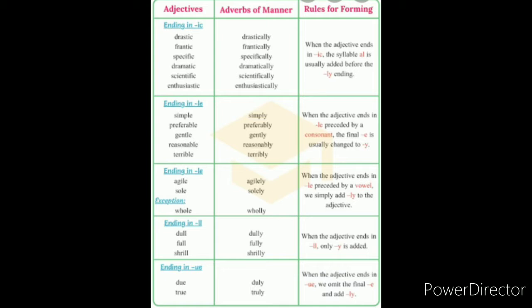Ending in ic, those adjectives are the describing words that describe a noun. An adverb describes a verb, another adverb, and adjectives. So whenever we have adjectives that end in ic, we double the L, and the syllable al is usually added before the ly ending.